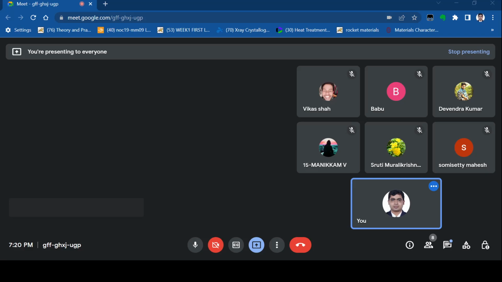So if you want to calculate the critical radius and the critical value of this delta G, that is the nucleation barrier, we can just differentiate this and put it equal to 0.